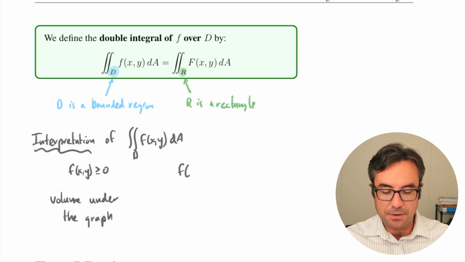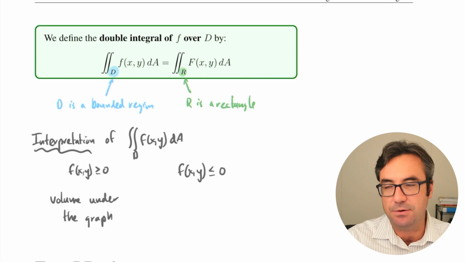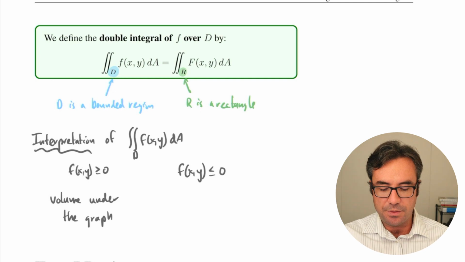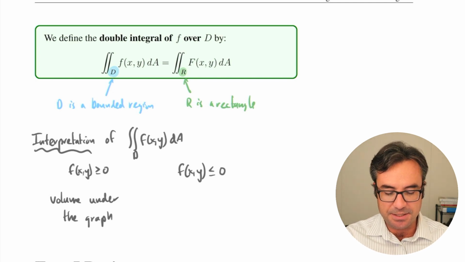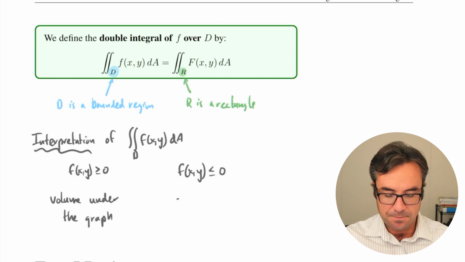Now, if our function f(x,y) is less than or equal to 0, so the graph is underneath the xy plane, then the interpretation is that this is actually still measuring the volume, but it's the negative volume. So the double integral in this case would be equal to the negative volume.